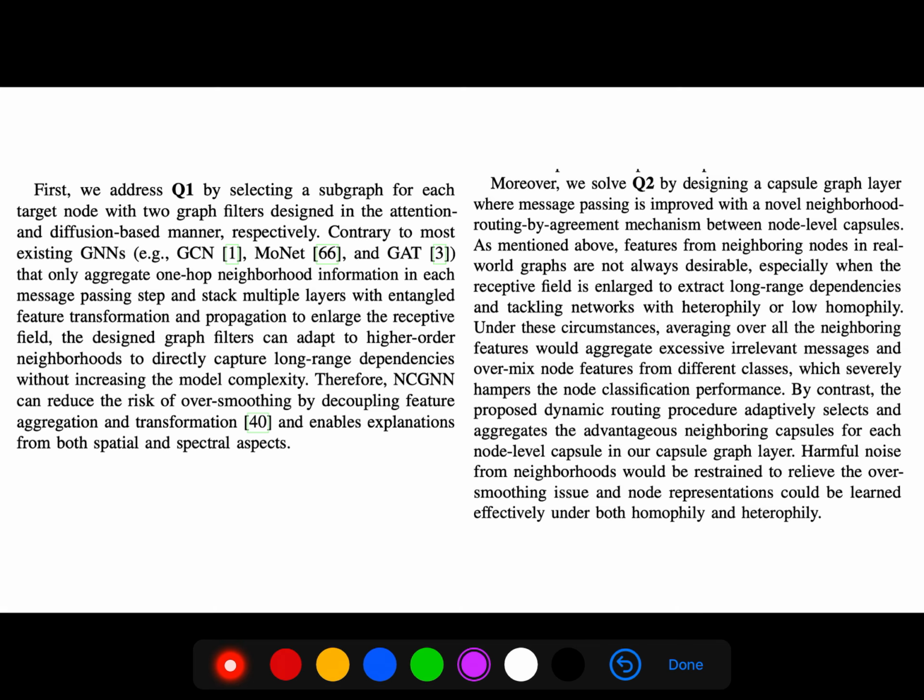For question 1, we select a subgraph for each target node with two graph filters designed in an attention and diffusion-based manner. For question 2, we design a capsule graph layer where message passing is improved with a novel neighborhood routing by agreement mechanism between node-level capsules.